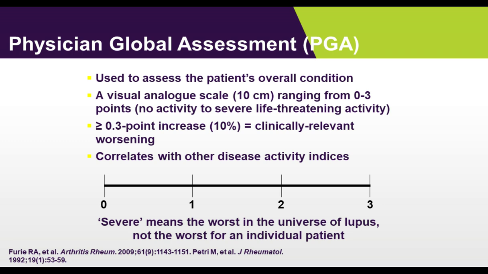So, for example, if there's neurologic activity, each manifestation is multiplied by 8. If there's renal activity, each part of that renal manifestation is multiplied by 4 to give a total over 100 if everything was active.